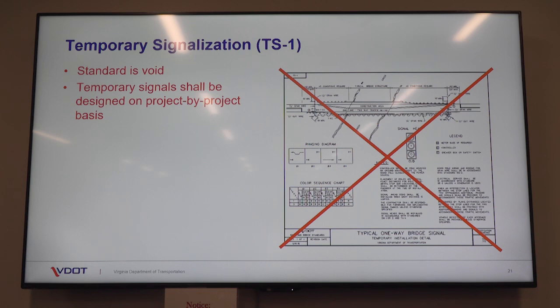Make sure that there's enough right-of-way available for those. For more information on that, refer to the Virginia Work Area Protection Manual or Section 512 of the specifications.